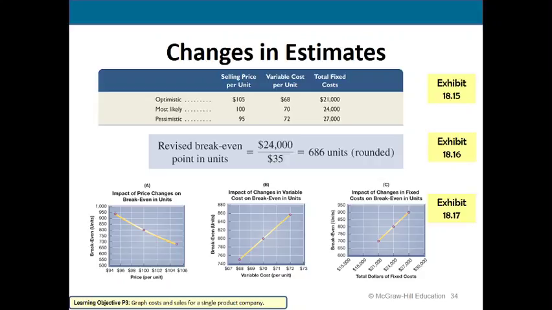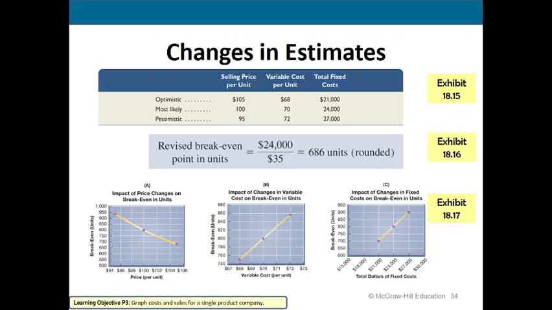If they can sell it for $105, they believe the variable cost per unit will be $68 per unit, and fixed costs will be $21,000. And at the low end, they believe they could sell it for $95 per unit. At that level, variable cost per unit will be $72, and fixed costs will go up to $27,000.